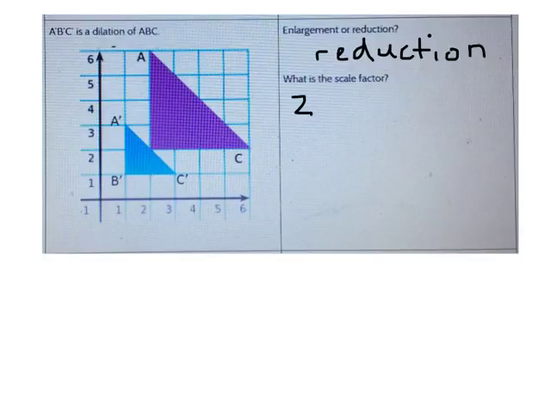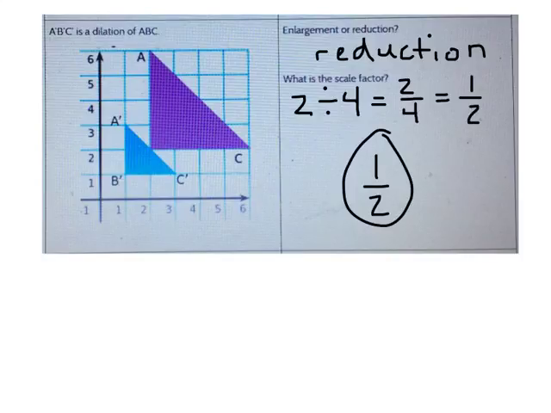So I can divide 2, the side in my image, by 4, the side in the original. How would I write that as a fraction? It's 2/4. Simplify 2/4. 2/4 is the same as 1/2. The scale factor is 1/2.